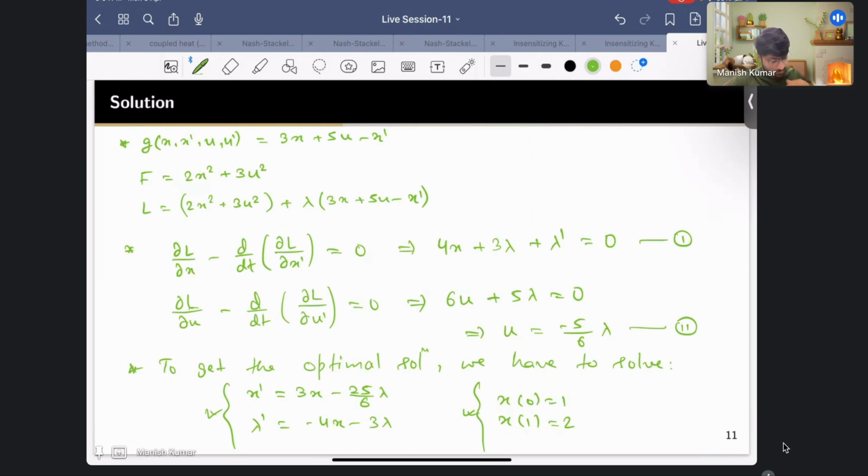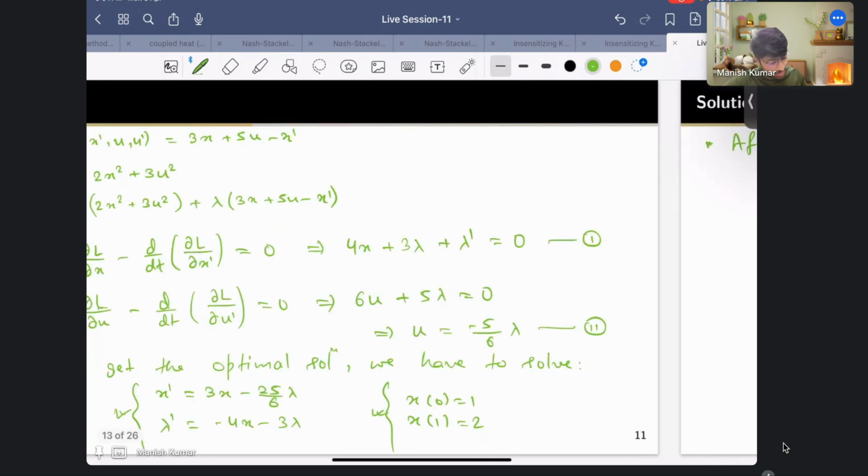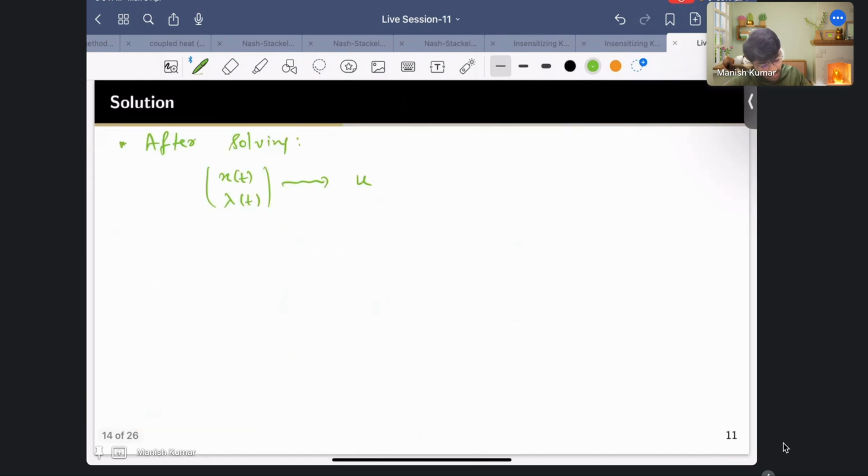So using these two conditions you can get the solution for this equation. Okay, I should mention once at least: after solving, you get x of t and lambda of t. You can consider this the optimal one. Now you can use the value of lambda in the second equation, so you get u of t.